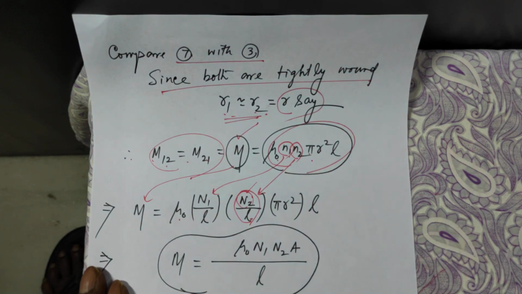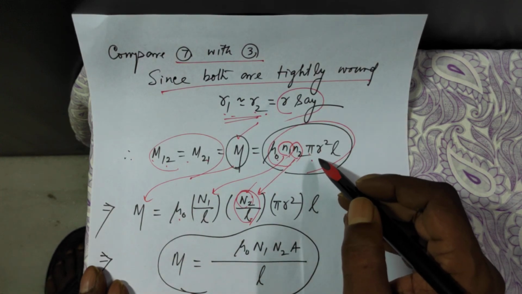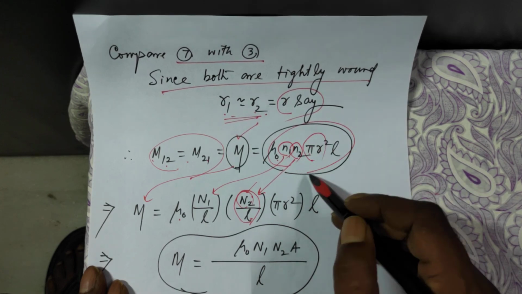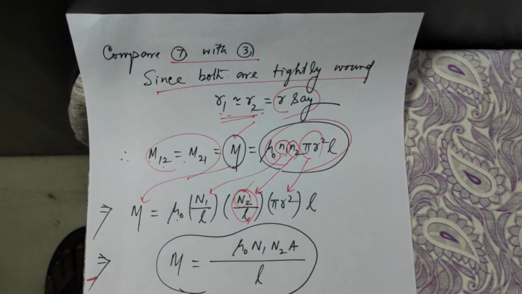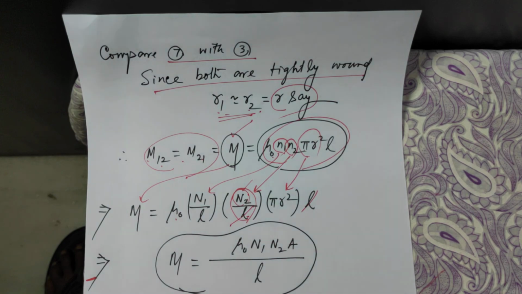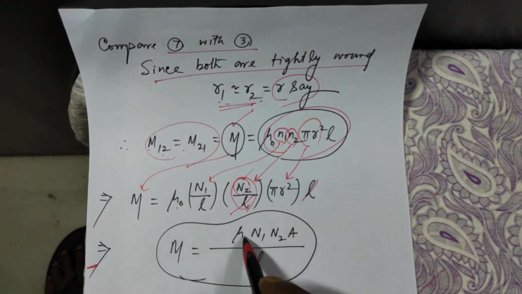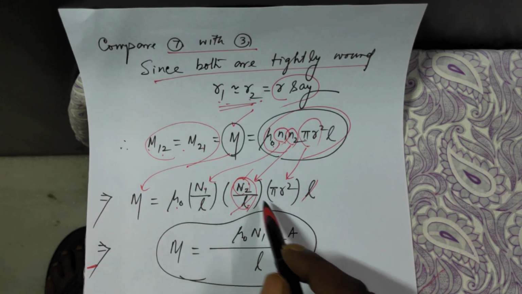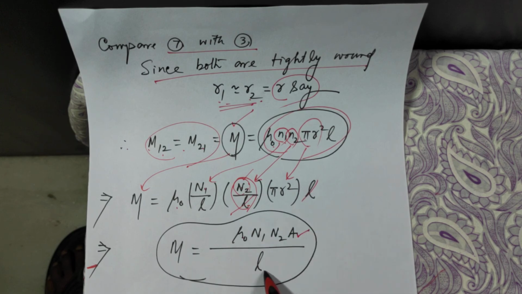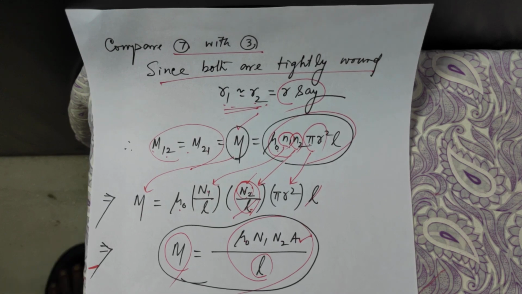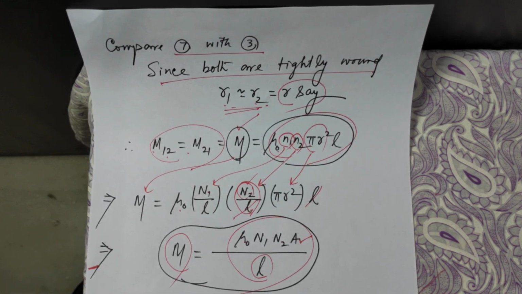Since the radii are equal because they are tightly wound, R1 is nearly equal to R2, so pi R square. Now L cancels. So this can be written as mu naught capital N1 capital N2 times the area of each turn divided by the length, which is the coefficient of mutual induction between two long coaxial solenoids.